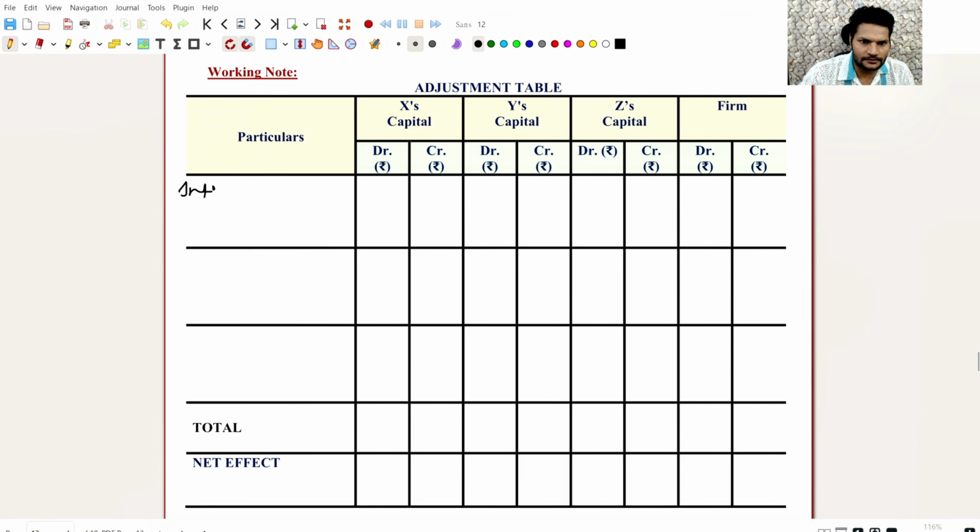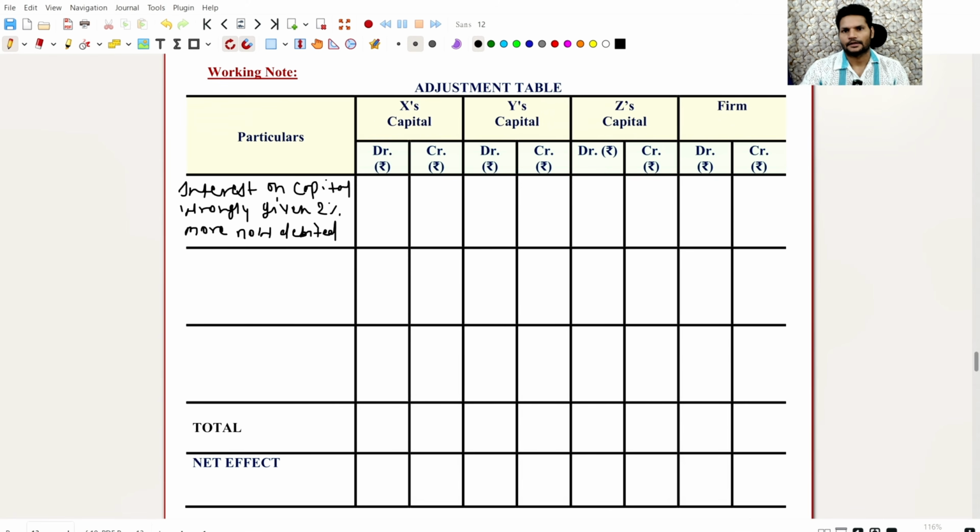Interest on capital wrongly given 2% more, now debited. So interest on capital that was given 2% more is now debited.